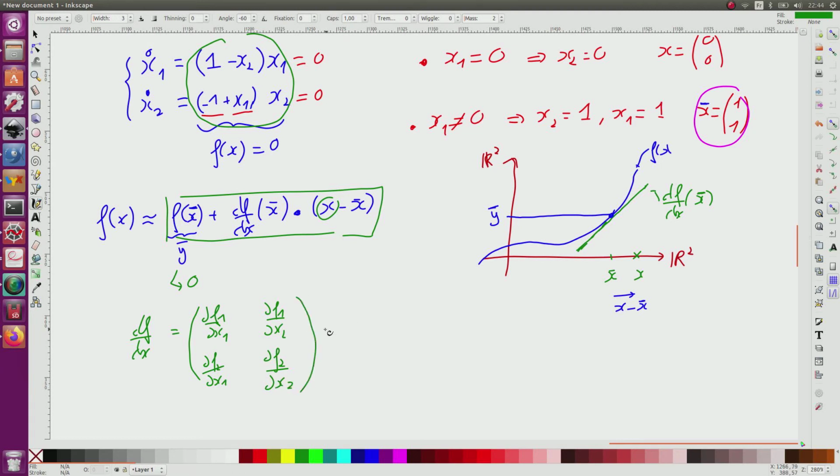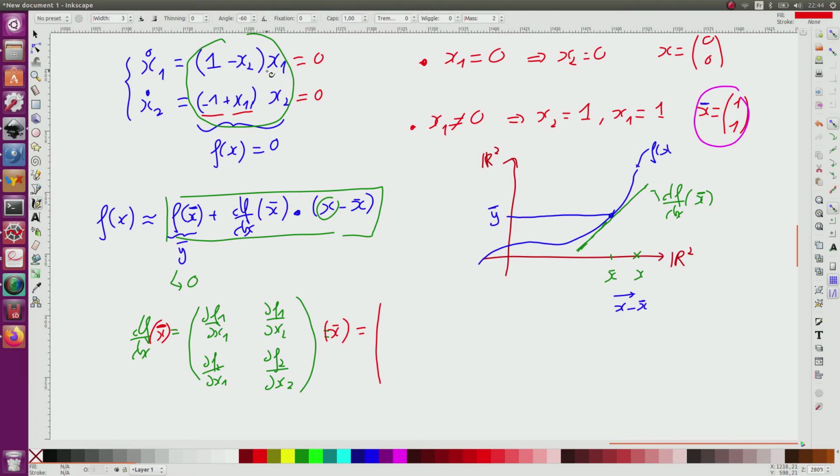Then after, I will evaluate it at the point x bar. It will be equal to, so the derivative of f1 with respect to x1, we can understand that it is 1 minus x2.